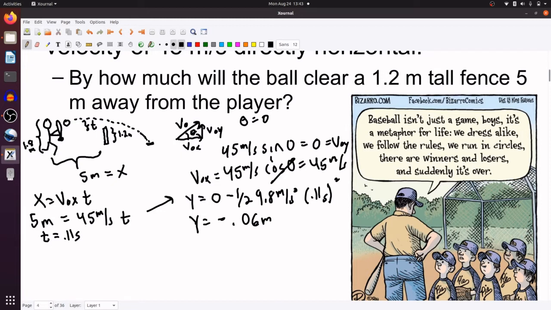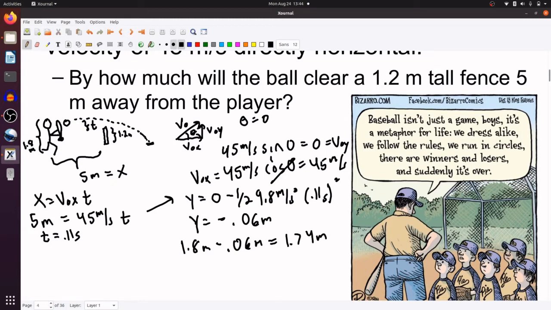So it started off at 1.8 meters. It's been displaced 0.06 meters. And so you take your 1.8 and subtract your 0.06, and I'm going to round it to 1.74 meters.